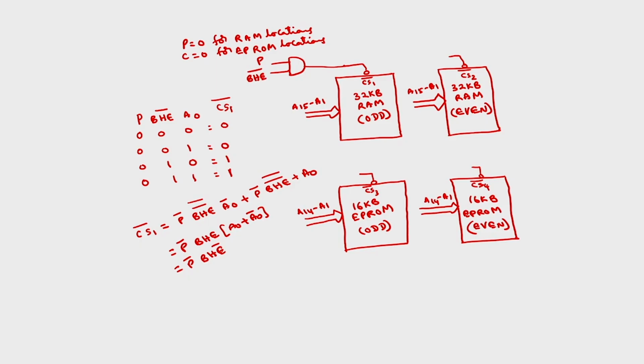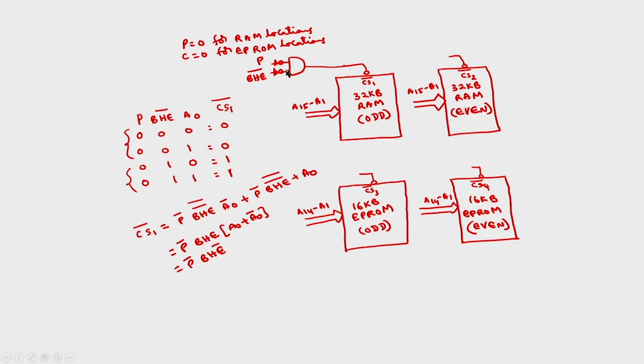You see here, in these two cases P is 0 and BHE bar is 0, so the output is 0 and this chip will be selected. In this case it will not be selected because BHE bar is 1, P is 0, so the output will be 0. So it will be selected, so you have to exclude this. For that you have to take a NAND gate, right? You have to invert here otherwise.